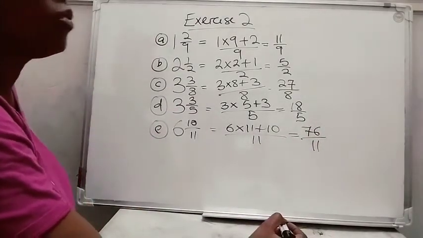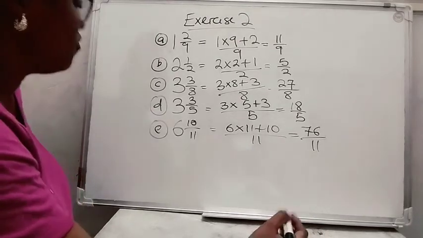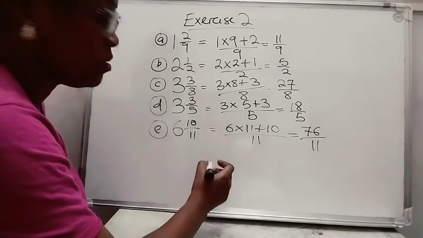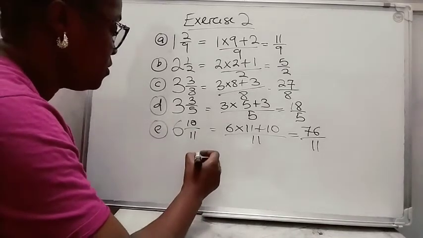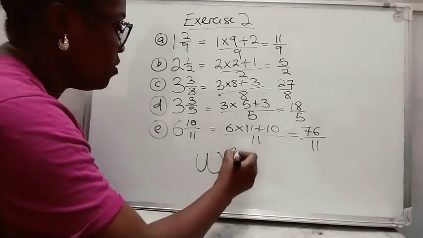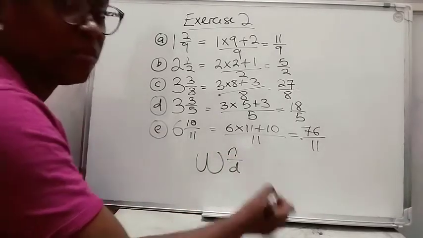So finally, let's go over the process of converting a mixed fraction, okay? Let's assume this is the whole number, we use W. Then we have the numerator all over the denominator.